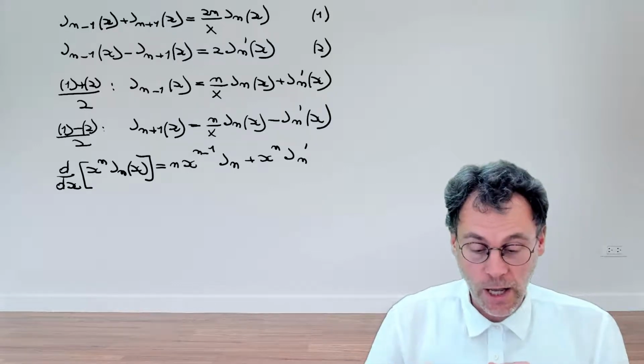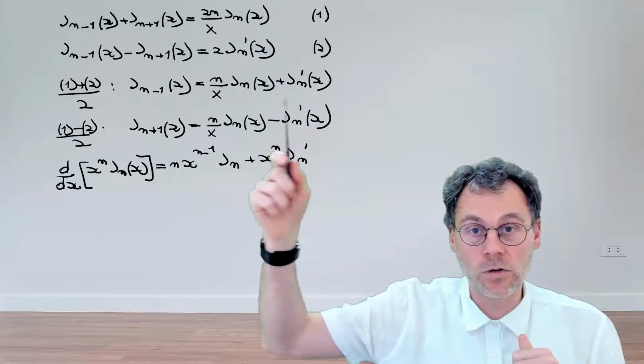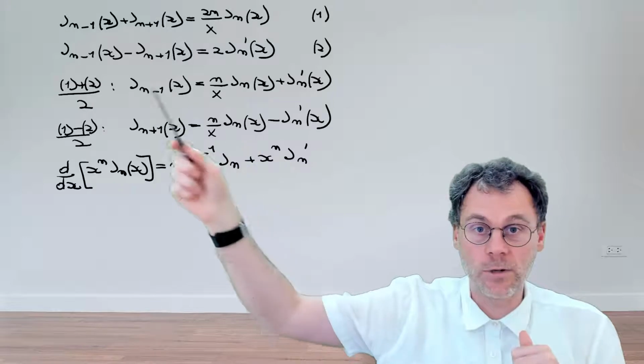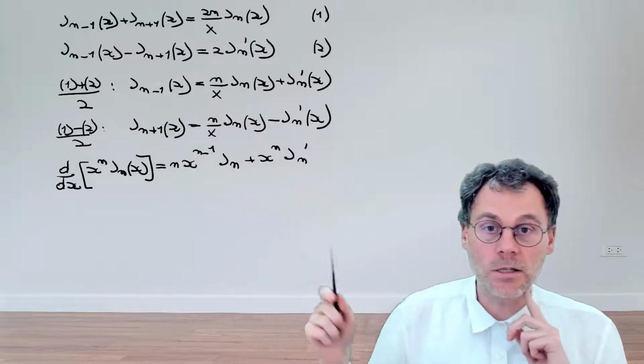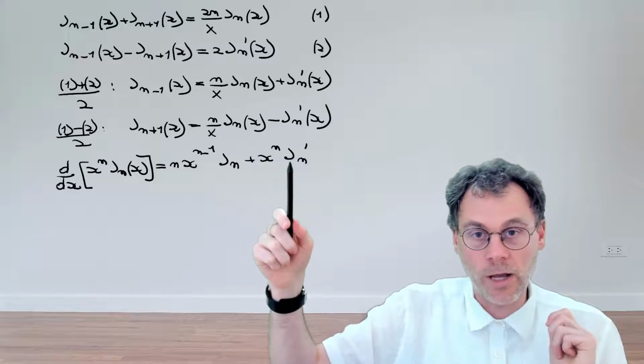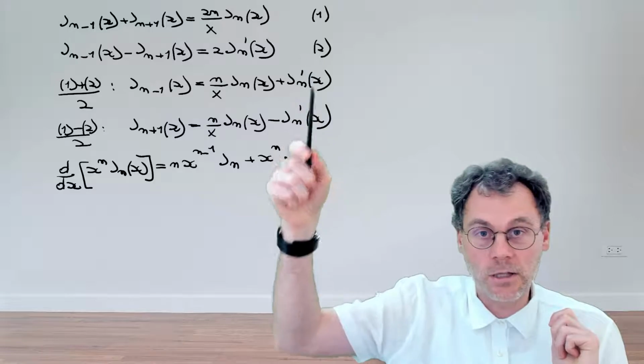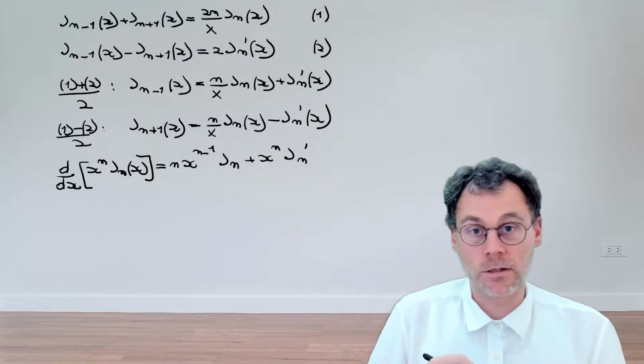If we try and build on top of stuff we already know, so for example this equation over here, which looks awfully similar, the only difference is that over here we have a term J_n' multiplied by x to the power of n, whereas over here that x^n is not present.